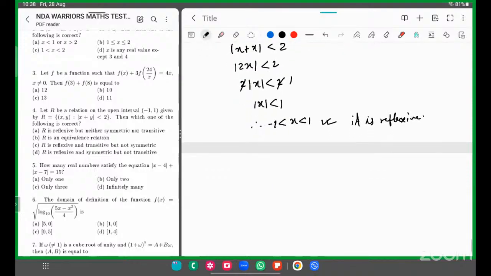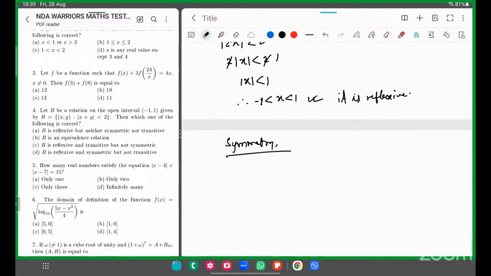What is the method to check symmetry? If they have given the condition mod of x plus y less than 2, we will interchange y with x. So it will become what? This implies mod of y plus x less than 2. Is it true?